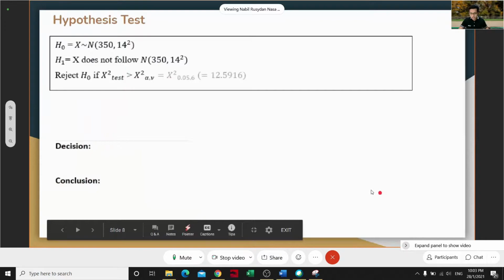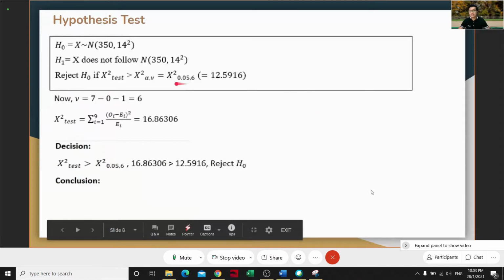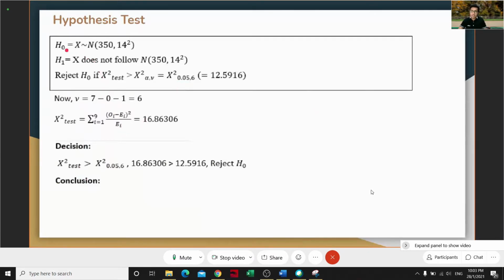So we have assumed a significance level of 5%, and we have done the hypothesis test. For H0, we put that the data follows the normal distribution, and for H1, the data does not follow the normal distribution.